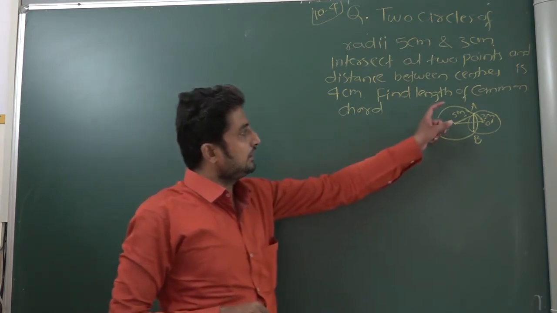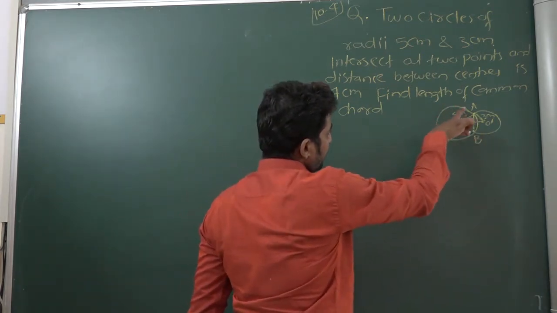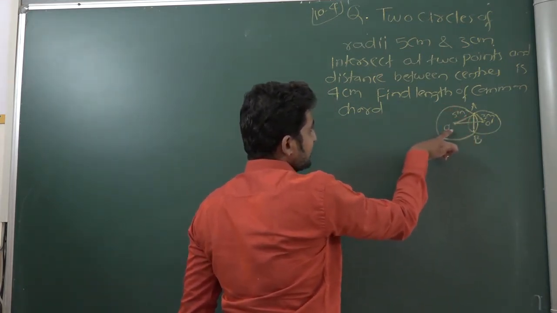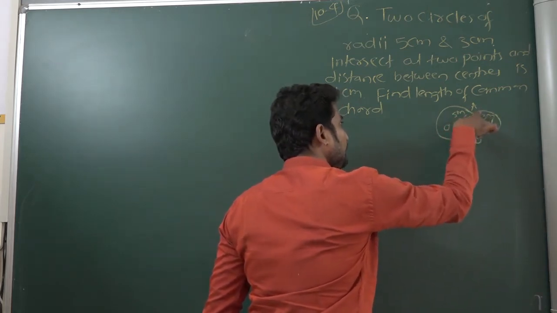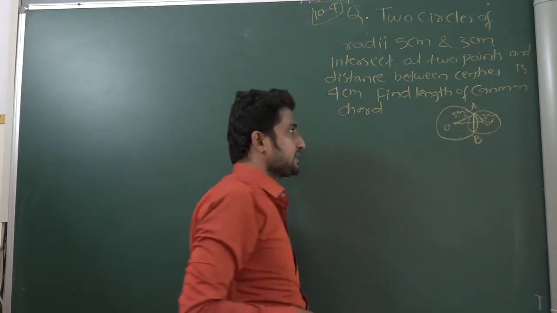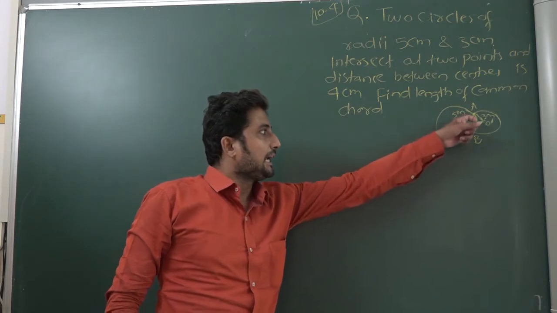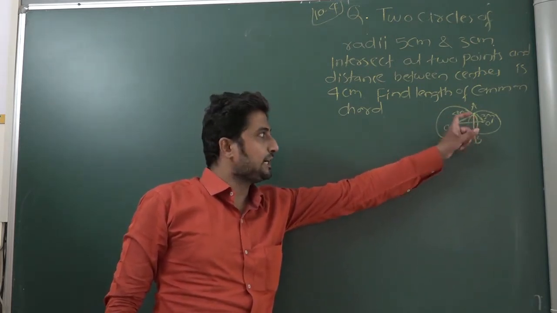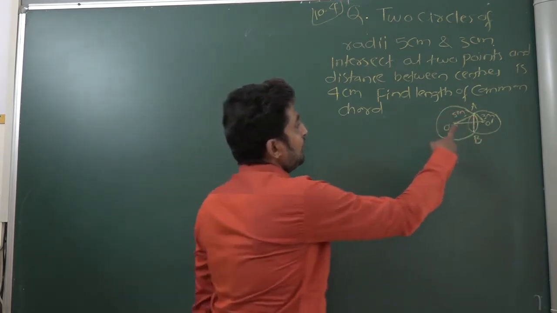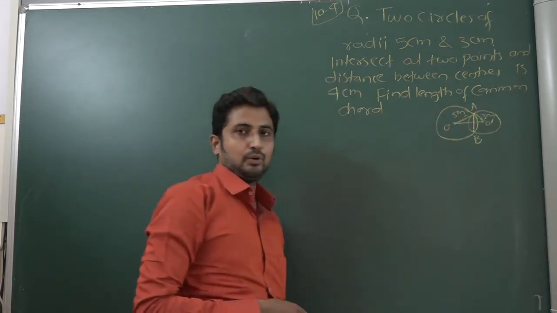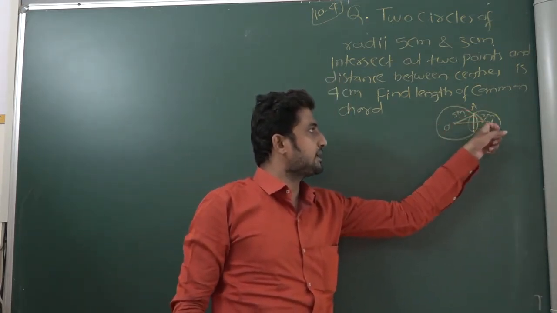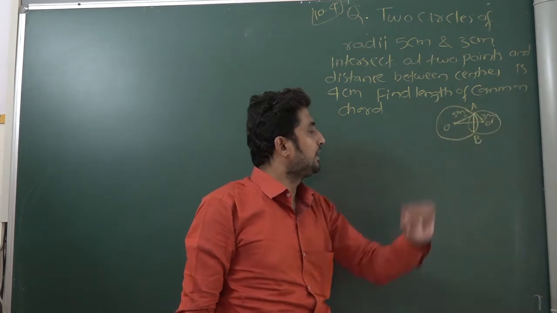That common chord is AB. This chord belongs to both the circle with center O and the circle with center O dash. Because it is common to both, we treat this as a common chord for the circles with radius 5 cm and 3 cm respectively.